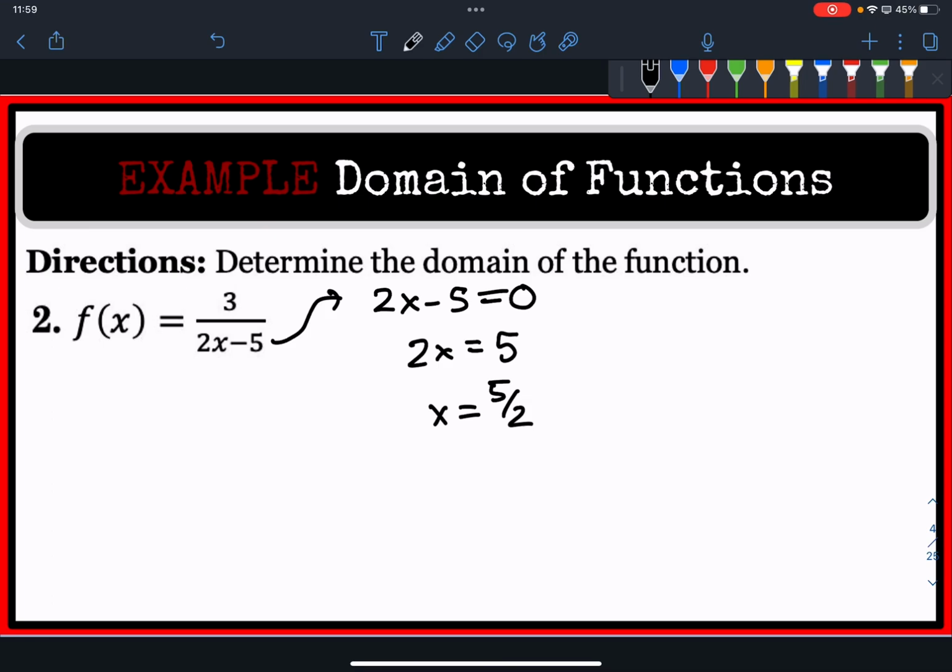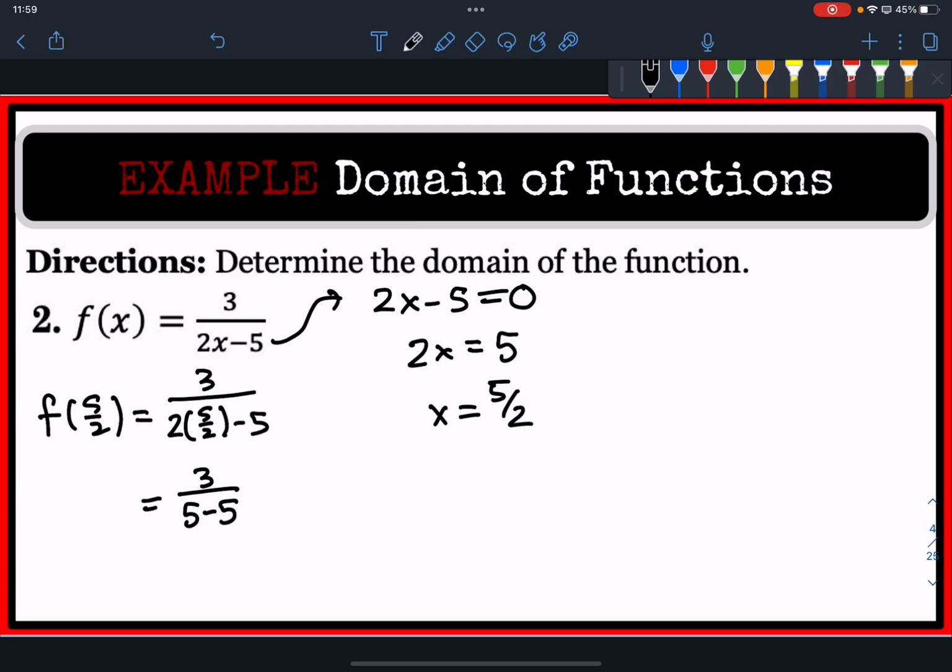So look what happens when I plug in 5 over 2 into this function. I have 3 in my numerator. I have 2 times 5 over 2, replacing the x with 5 over 2, minus 5. And 2 times 5 over 2 equals 5, and 5 minus 5 is 0.